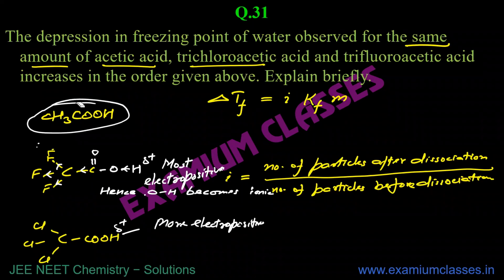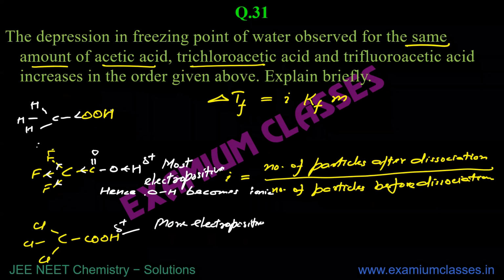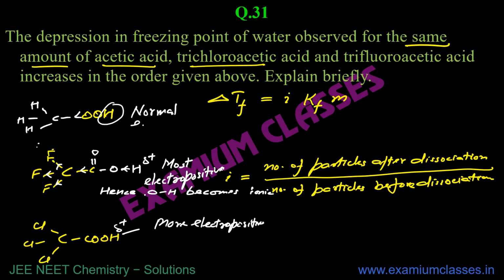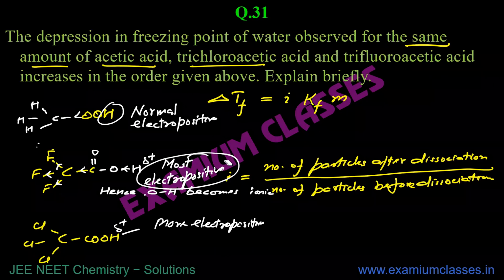In CH3COOH, these are the hydrogens, and hydrogens are normally considered neither electron withdrawing nor electron donating. So here, whatever you have, you will consider that much electropositivity, the normal electropositivity. In trichloro, it is more electropositive, so ionization will increase. In trifluoro, it is most electropositive amongst these 3, so maximum ionization.